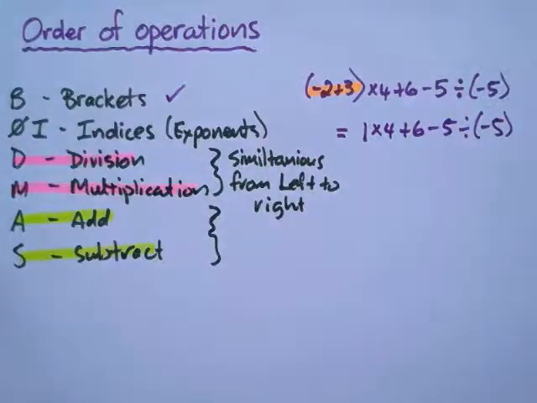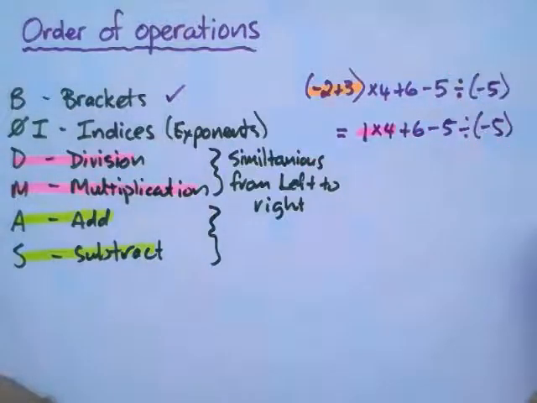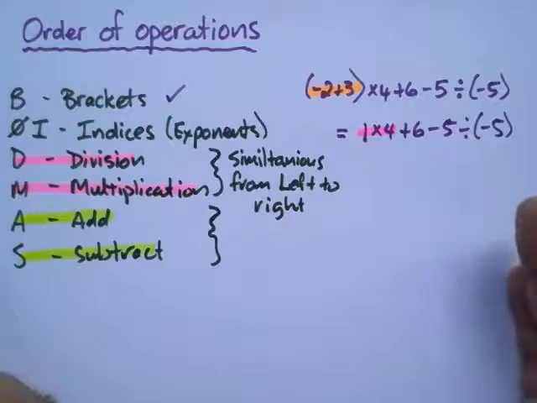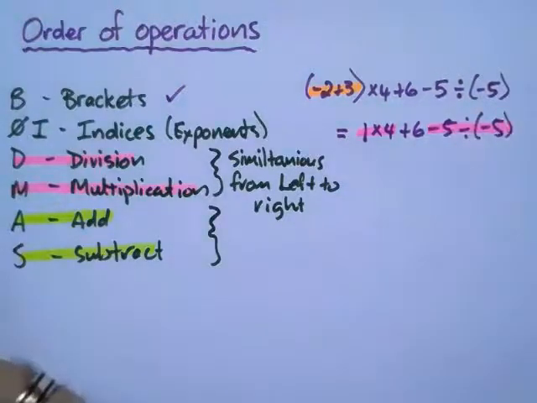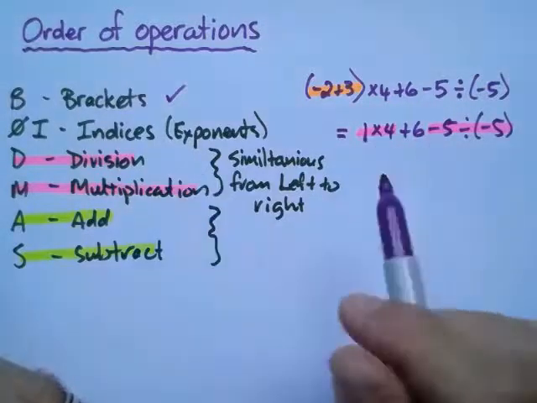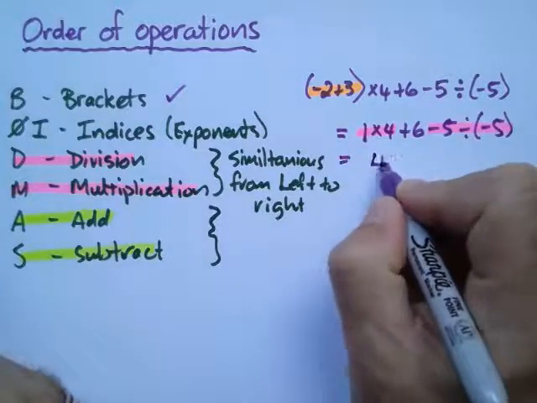So from left to right, I can do 1 times 4. And because I'm working from left to right, I can in the same step also do this, because that's also division. So multiplication, 1 times 4 is 4.